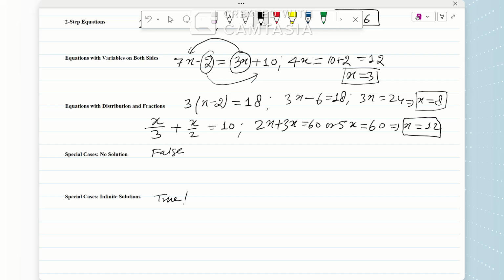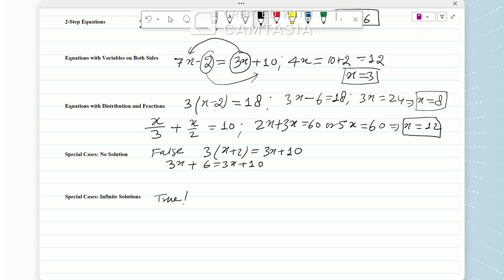Okay, now let us take an example of no solution. Okay, so you are given this equation: 3 times x plus 2 is equal to 3x plus 10. Solve for x. Well, you need to distribute 3 on the left hand side first, which will give you 3x plus 6 is equal to 3x plus 10.